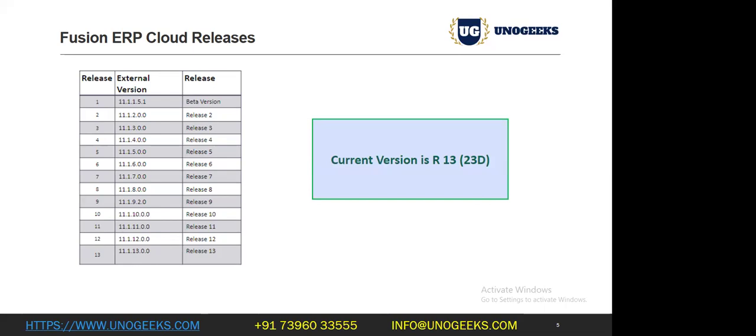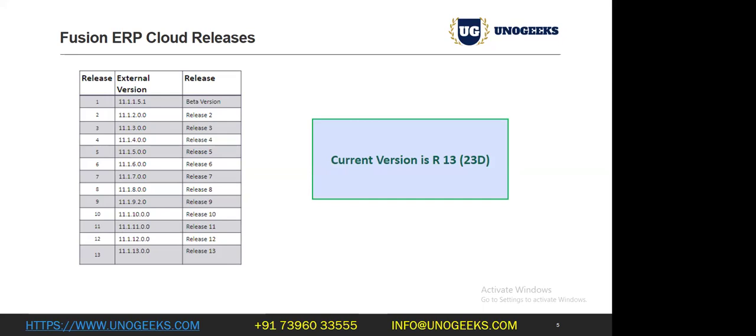Of course, you are aware Oracle is US-based, so they follow the US calendar. January, February, March: whatever changes become available or are developed based on client feedback, every quarter they release a version with the latest changes.